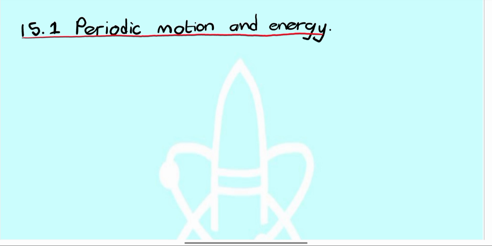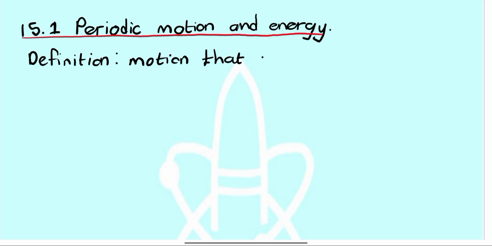So periodic motion is the motion which repeats itself at regular time intervals. This is the most important definition for periodic motion: the motion that repeats itself at regular time intervals.